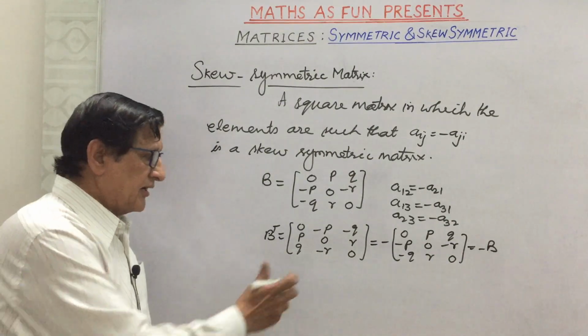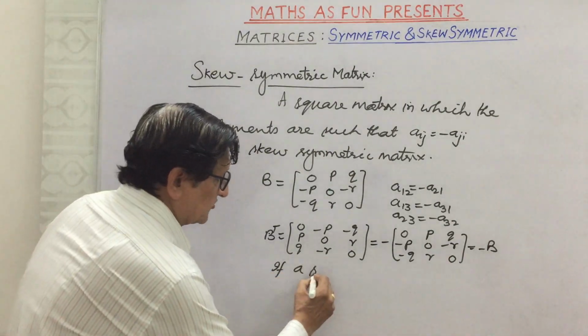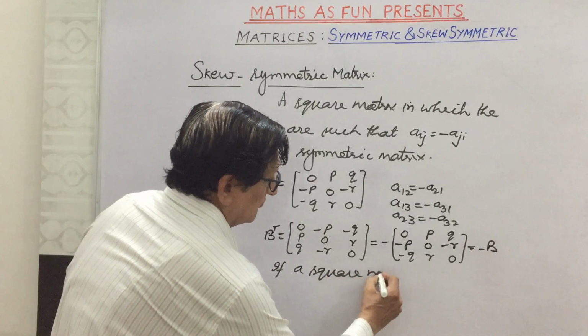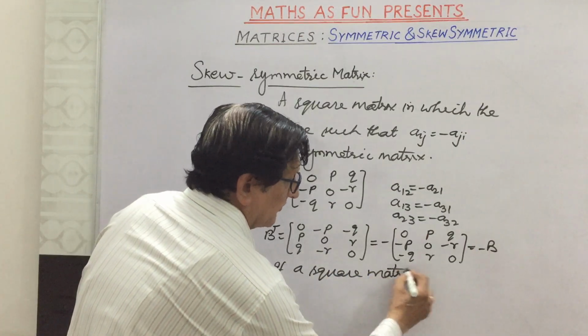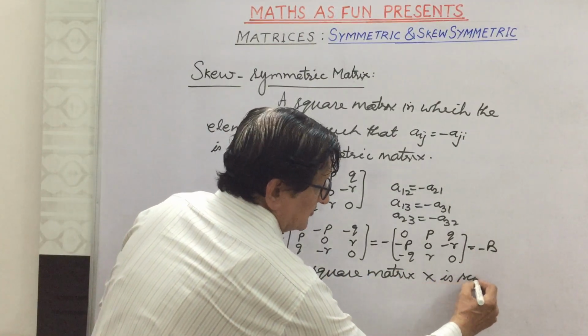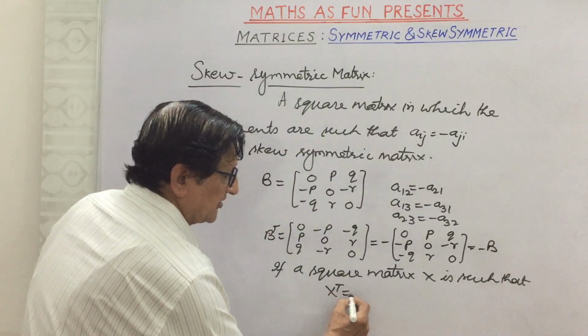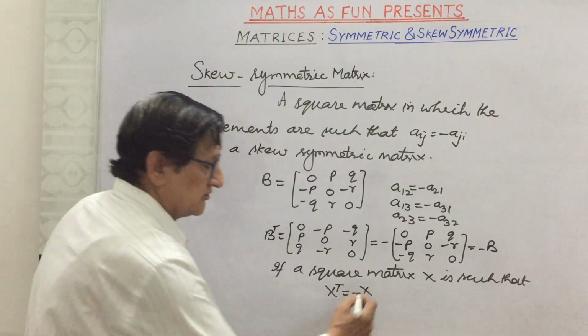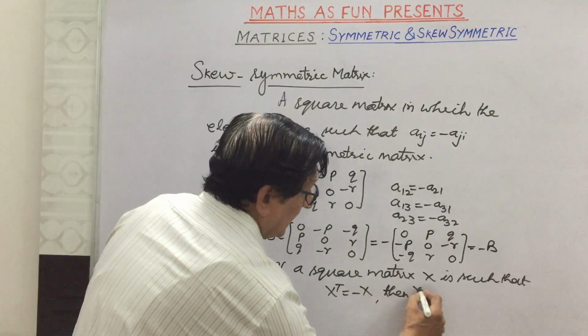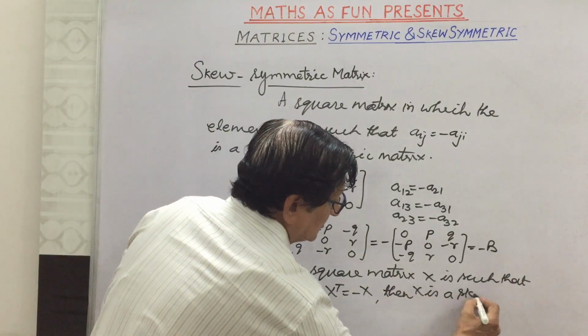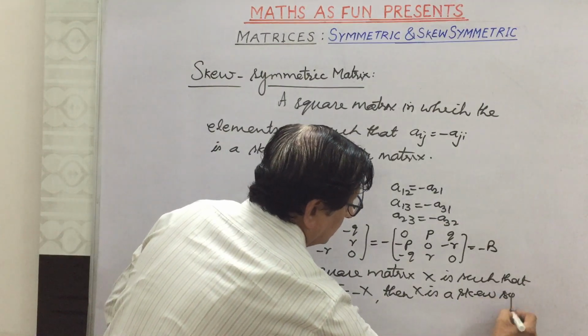So we can say that if a square matrix X is such that XT is equal to minus X, then X is a skew symmetric matrix.